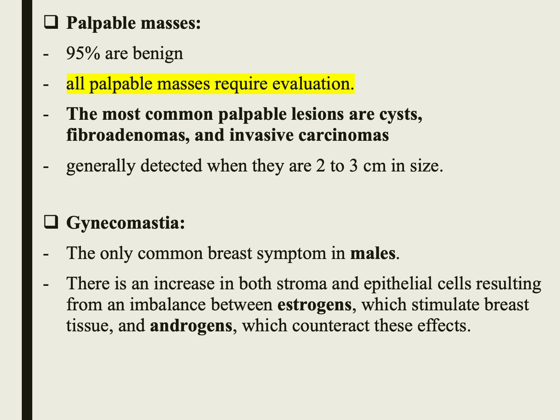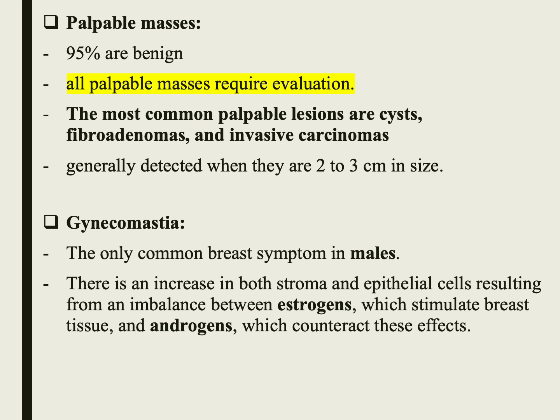The most common causes of palpable lesions are cysts, fibroadenoma, and invasive carcinoma. As I said, the palpable masses are generally detected when they are about 2 to 3 centimeters in size. Less than 2 centimeters, it's difficult to detect them through the physical examination.